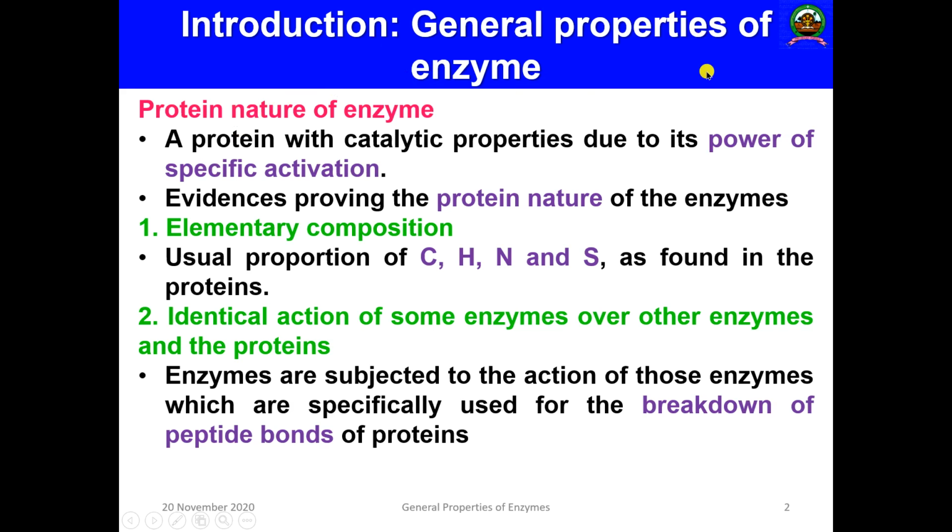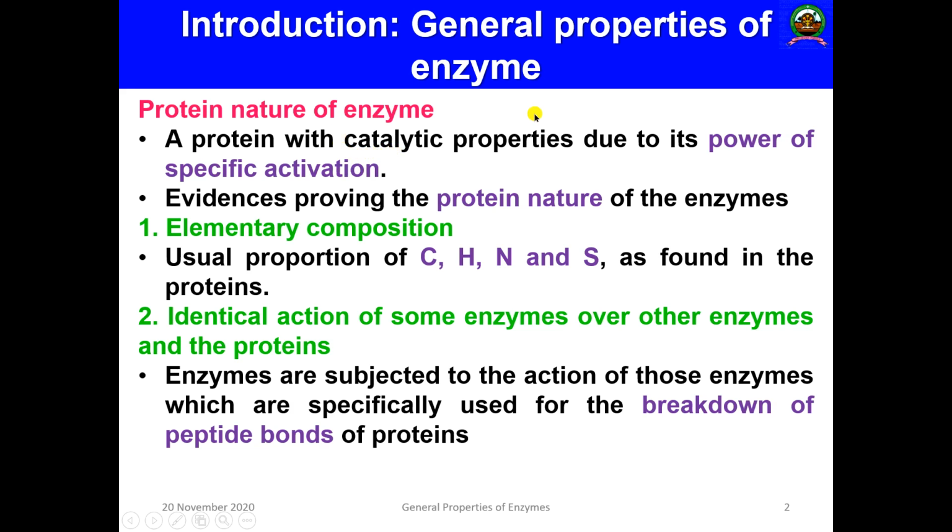The protein nature of enzymes was a very important concept. Earlier, the scientific community studied many aspects and concluded that most enzymes are proteins. Enzymes are proteins with catalytic properties due to their power of specific activity.